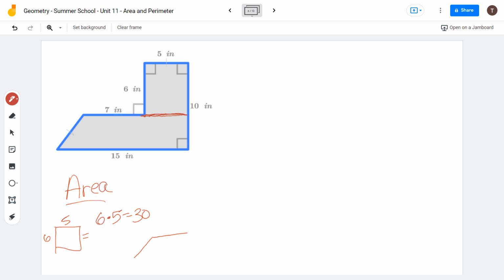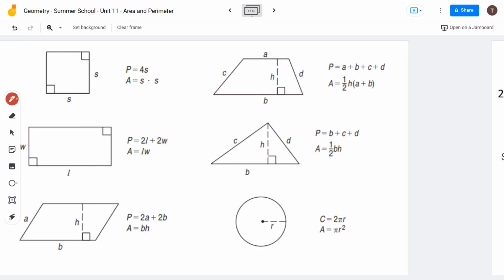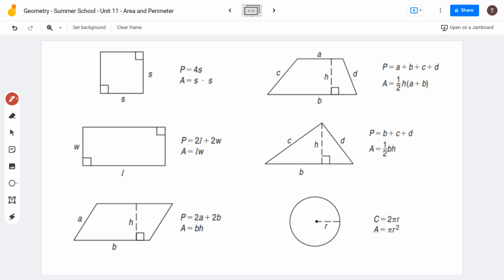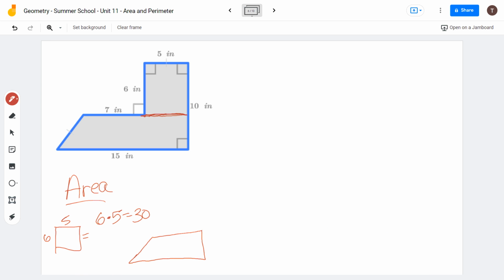And then I have this trapezoid down here. Okay, if we go back and look at the area of a trapezoid formula, which is this one in the top right, it's 1/2 times the height times A plus B, the top and the bottom kind of. Now, I don't know my height right away, but if I know this whole side is 10, and I know this is 6, then what's left over for this, 10 minus 6, is 4.